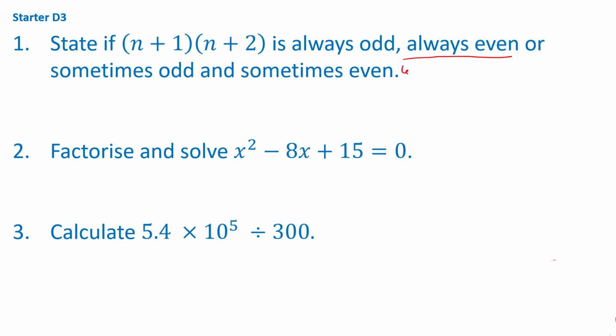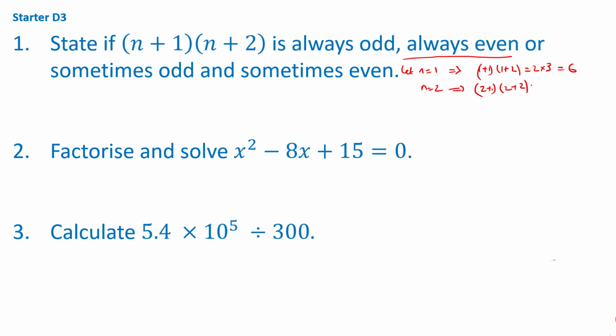So we let n equal 1. That means then that we have 1 plus 1 times 1 plus 2. So it'll be 2 times 3 equals 6. That's 1. Okay, let n equal 2. That means that we've got 2 plus 1 times 2 plus 2.